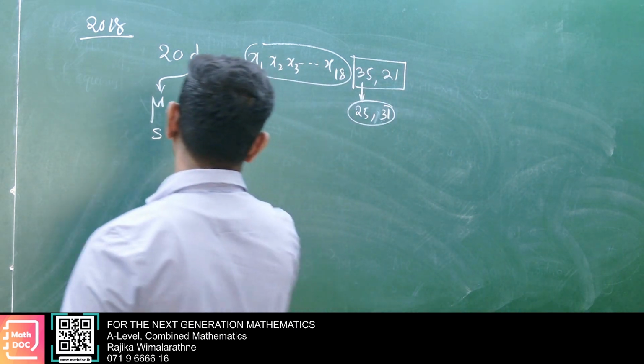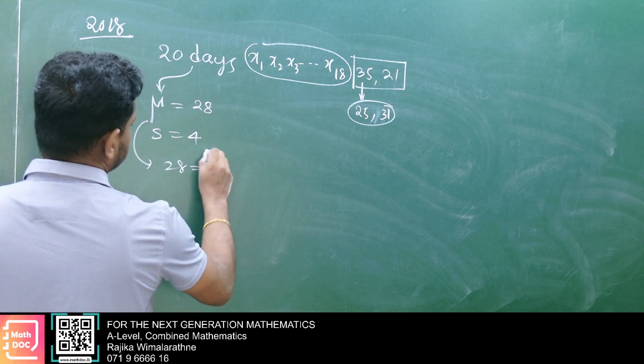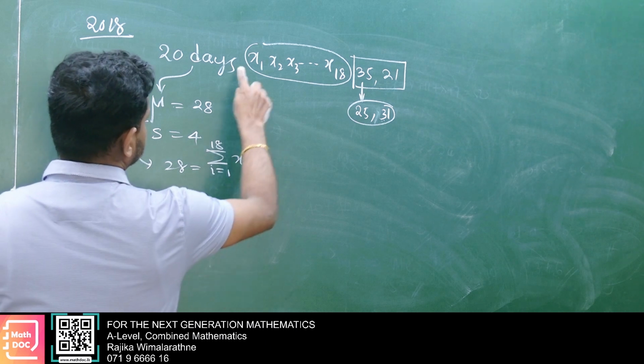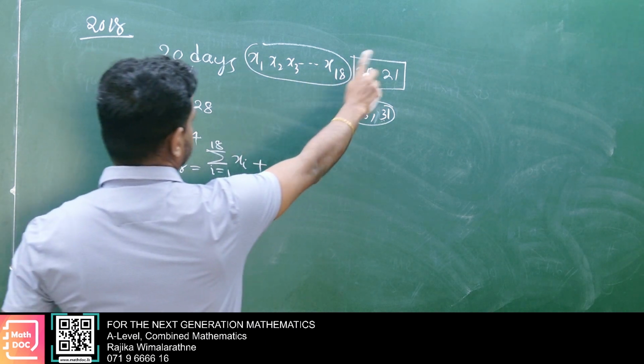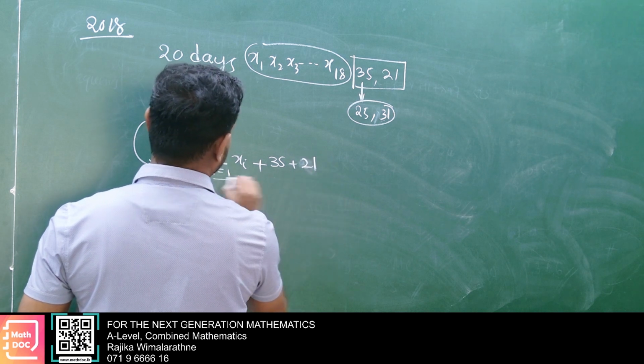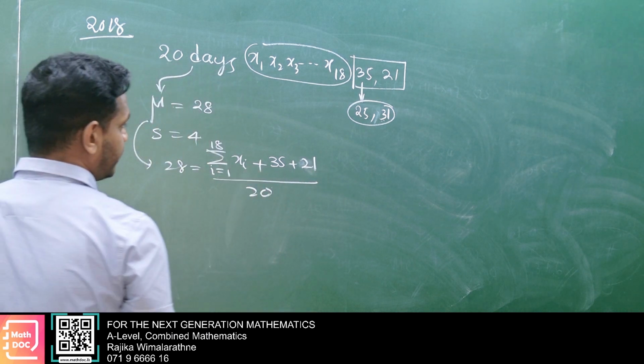Okay. Now the mean: 28 equals sigma i equals 1 to 18 xi, these are correct, plus 35 and 21, over 20. Here is the general calculation.